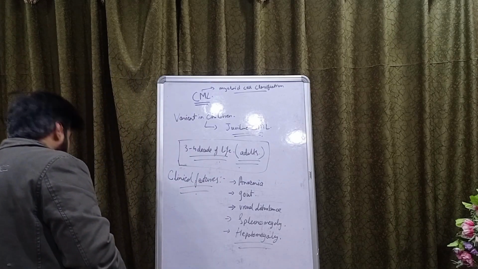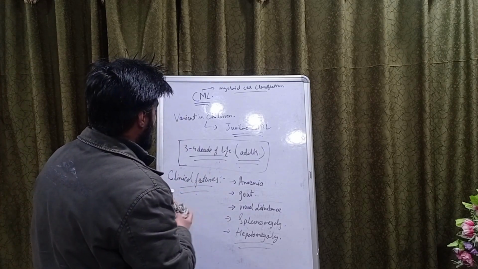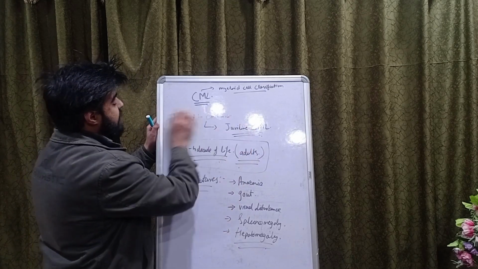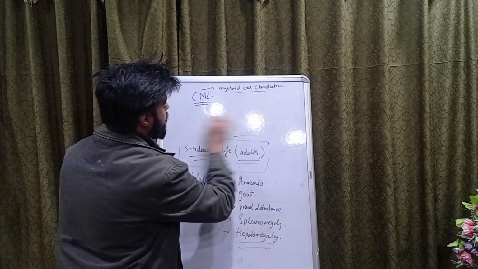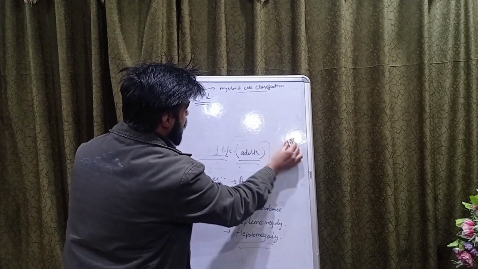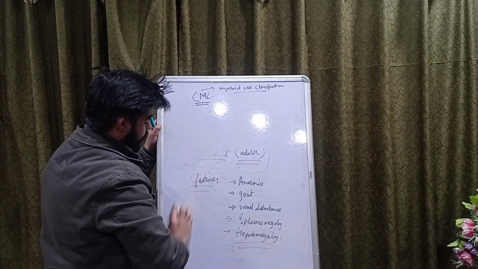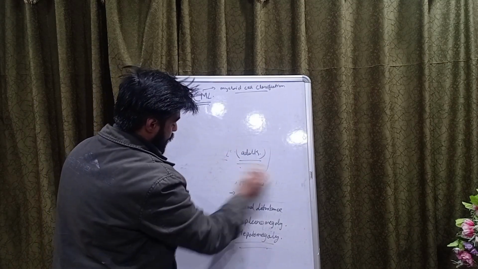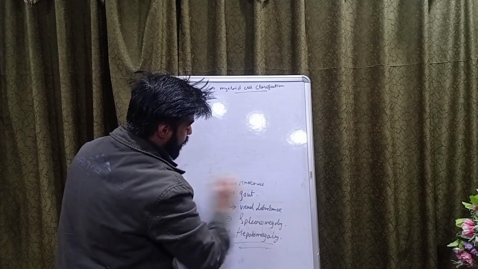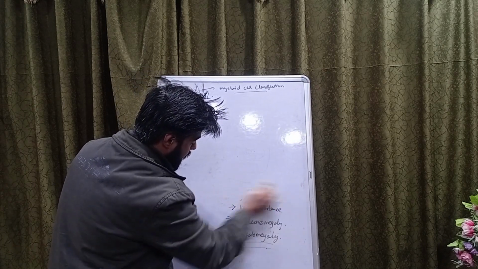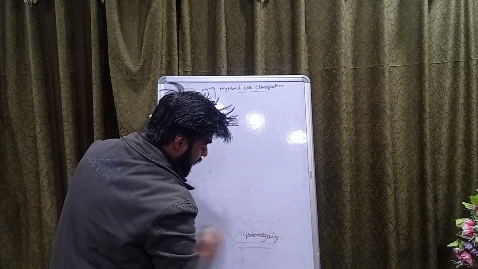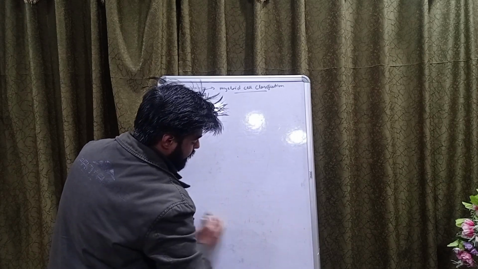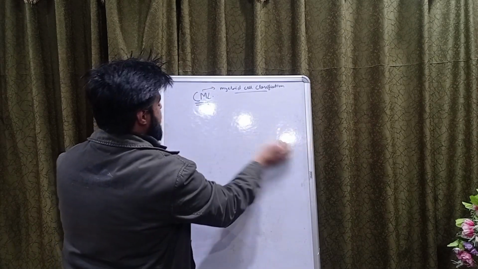And the next heading, which is very important to identify whether the particular person is suffering from CML or not, from this type of leukemia or blood cancer, is the lab findings. What will the lab findings be in CML?